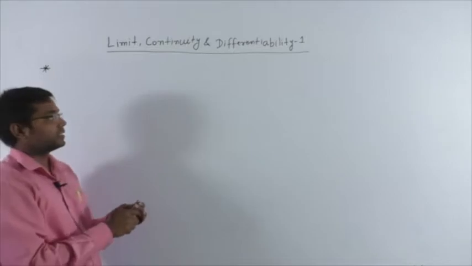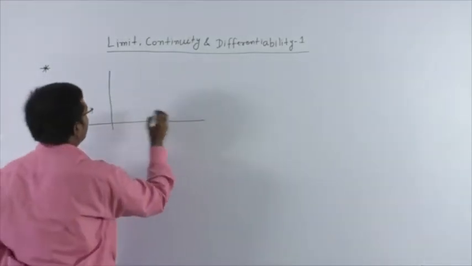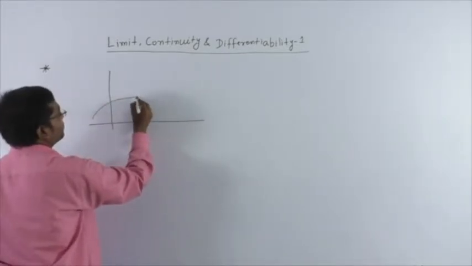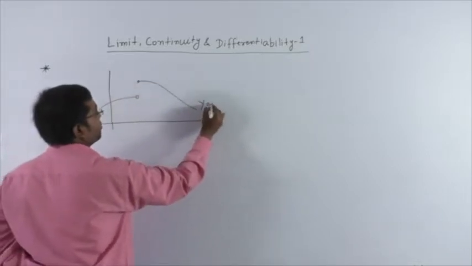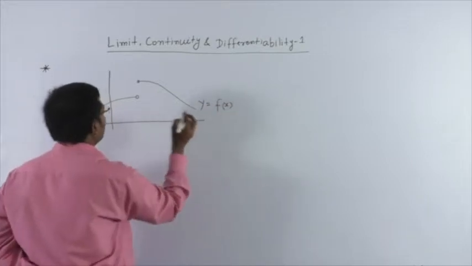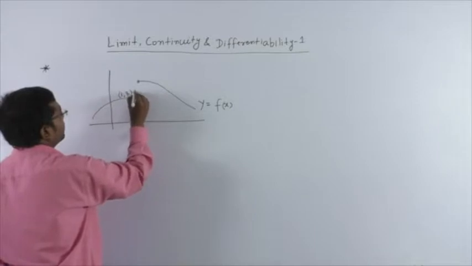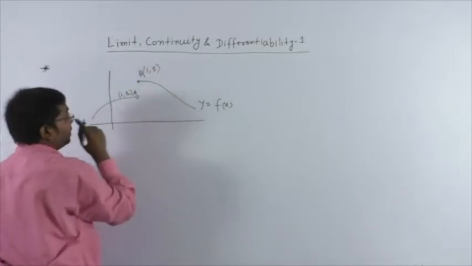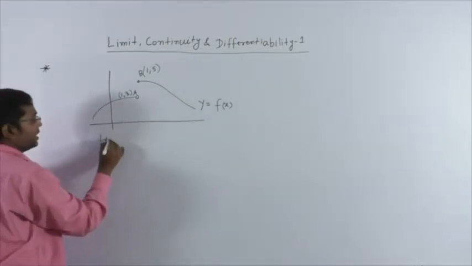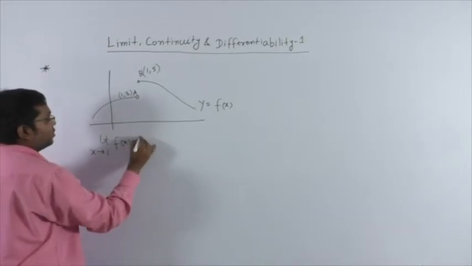Now see some other cases. Suppose we have a function like that. y equals f(x), and the coordinate of this point I am giving 1, 3, and the coordinate here I am giving 1, 5, and we have to calculate limit x tends to a, f(x) is equal to what?